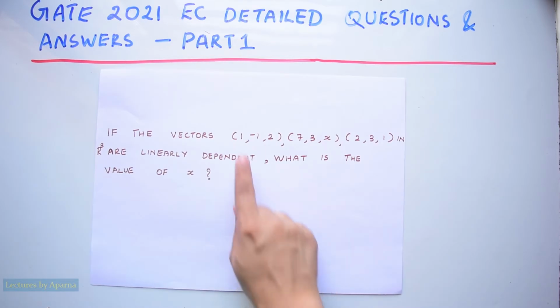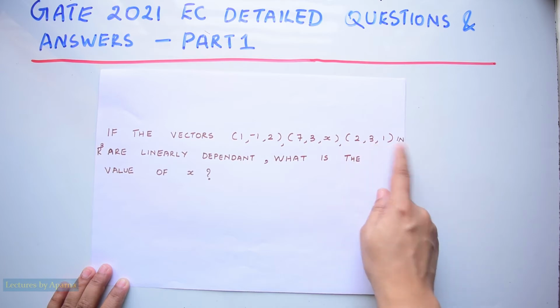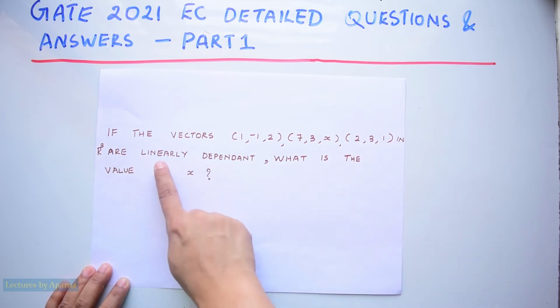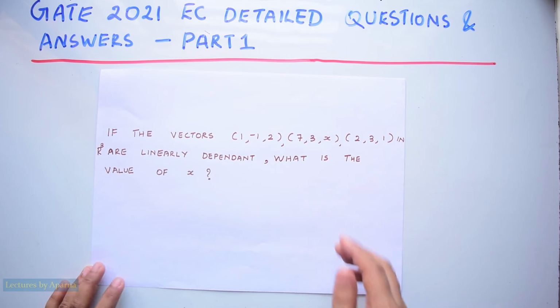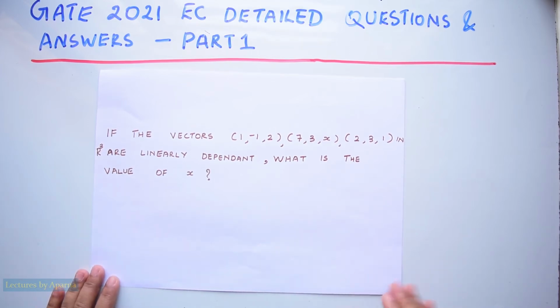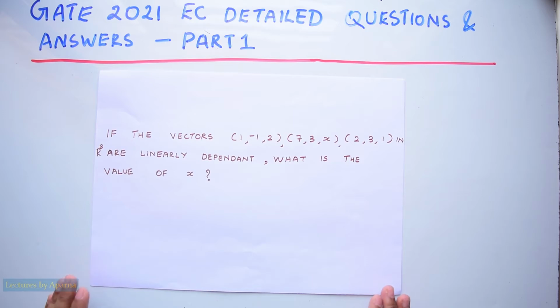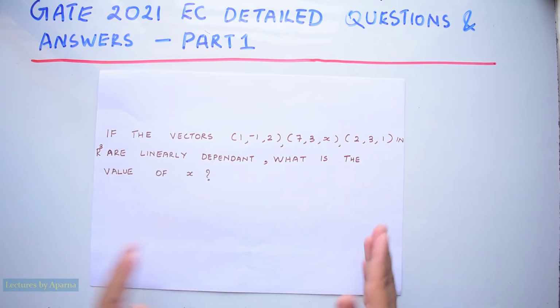If the vectors 1 minus 1 2, 7 3x 2, 3 1 in R3 are linearly dependent, what is the value of x? So here it is said that the given vectors are linearly dependent. We have to find the value of this x. So consider a matrix A formed by these three vectors.